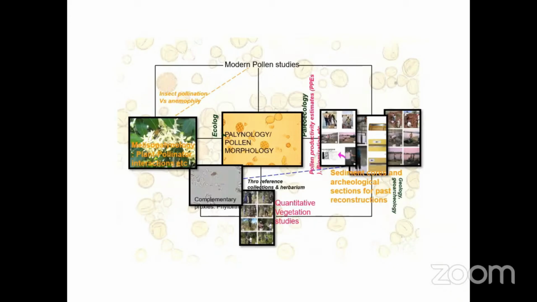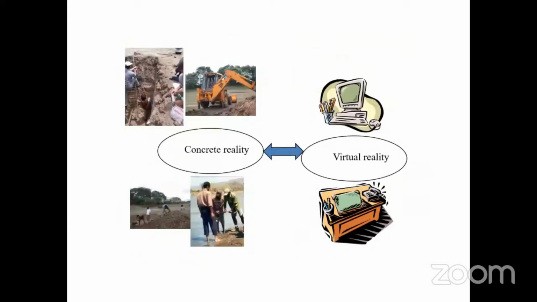So we started doing it with honeybees because it's the easiest for us to start with, but it could also be done with other bees and other pollinators which actually gather pollen.